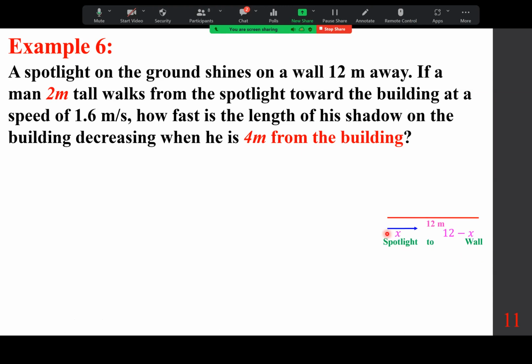And that creates some distance of x. The difference here is 12 minus x. And here's the setup. So here's the light, here's the wall, here's the man, 2 meters tall. This is 12 meters away.